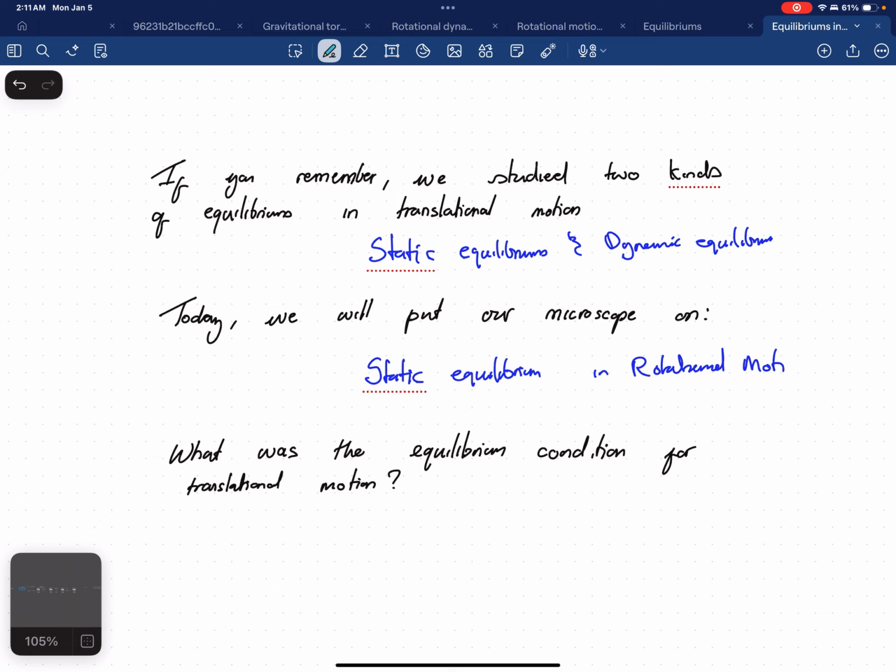All right. Anyway, just to remind ourselves, what was the equilibrium condition that we learned for translational motion? F of x equals 0 and F of y equals 0. And just to remind you guys, everything before we started circular motion, we refer to as translational motion.